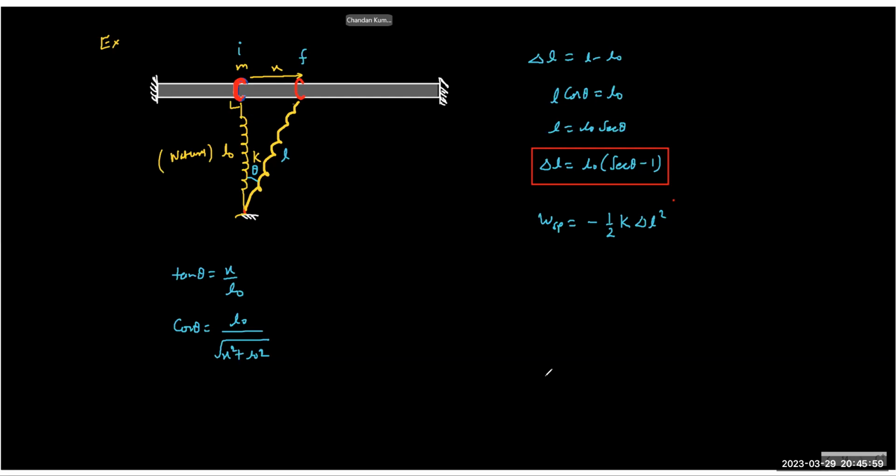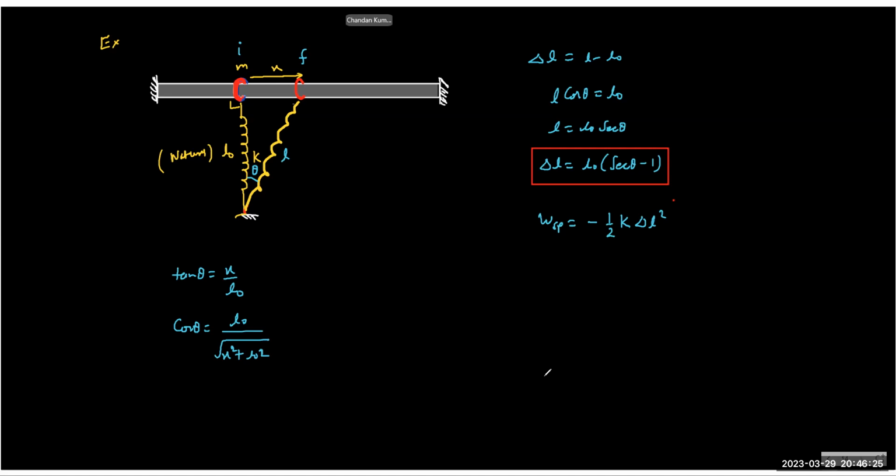Can you read the lines written on the blackboard from top to bottom? L minus L naught. What is L representing?